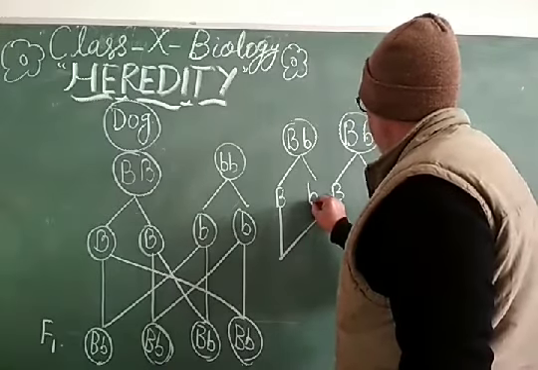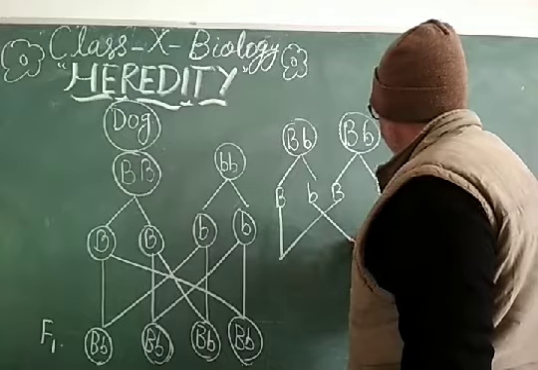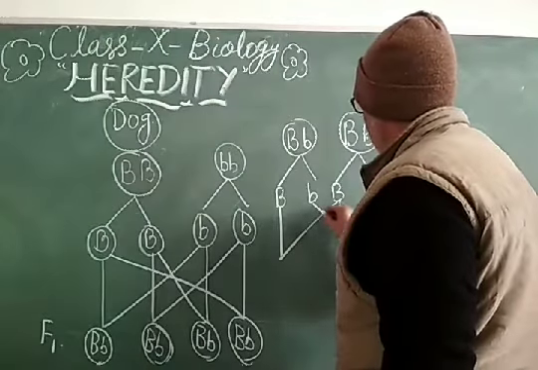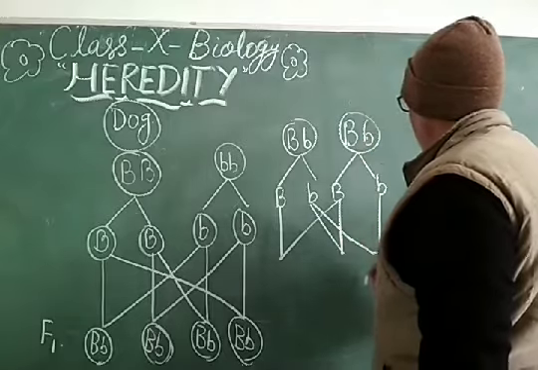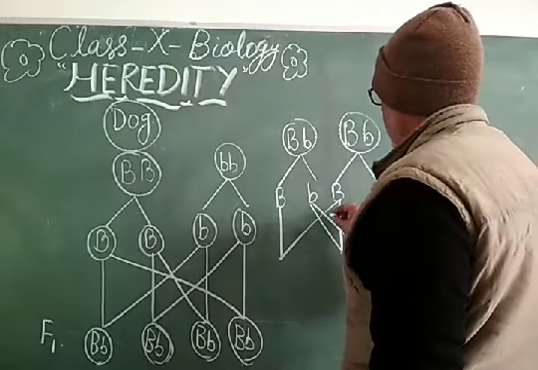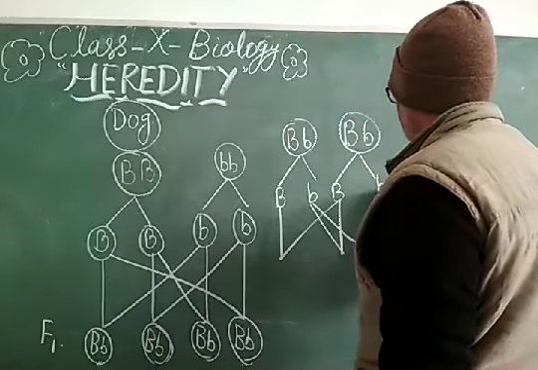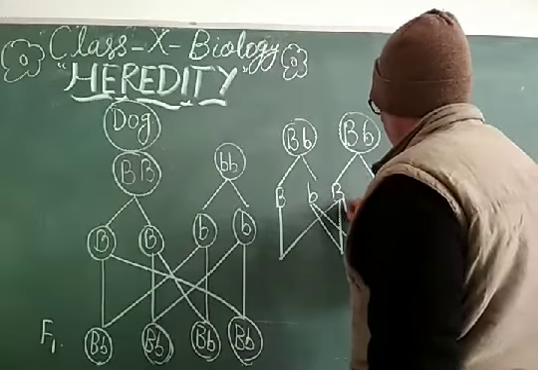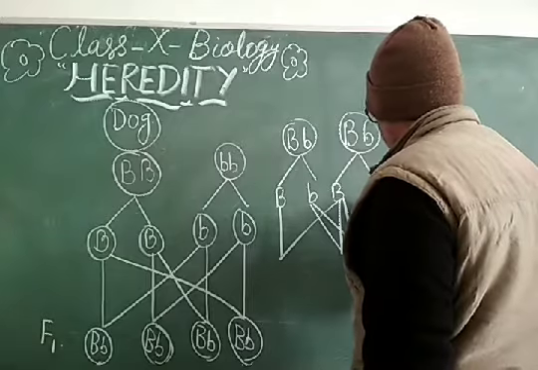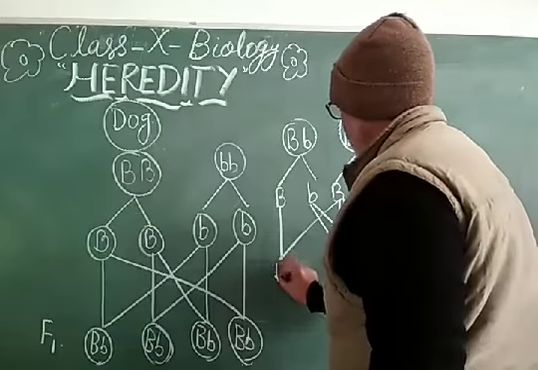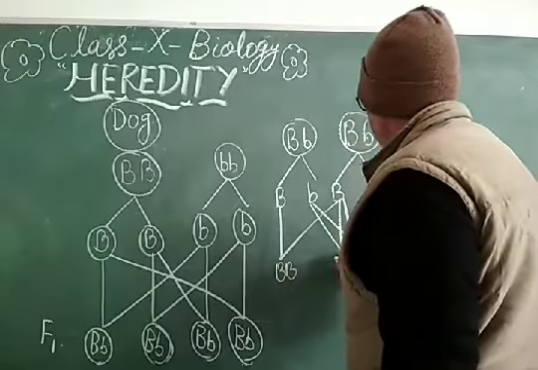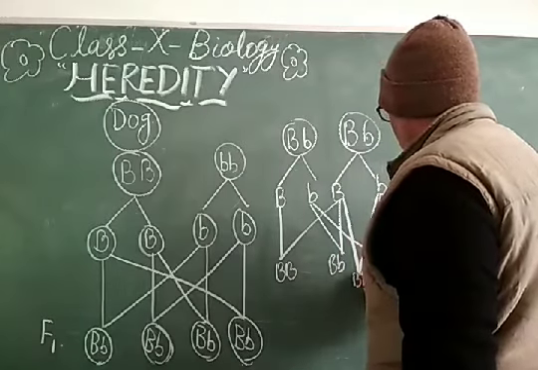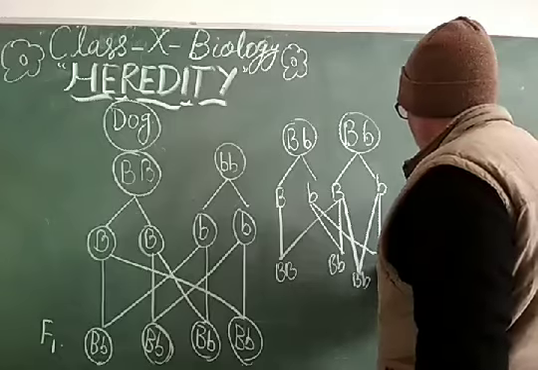See the cross between them. This will cross with this, and three conditions are there, and this will cross with this one. So what happened? Capital B capital B, capital B small b, capital B small b, and small b small b.